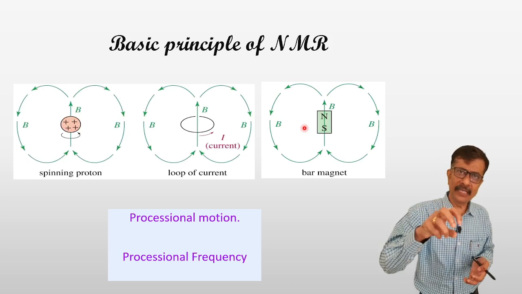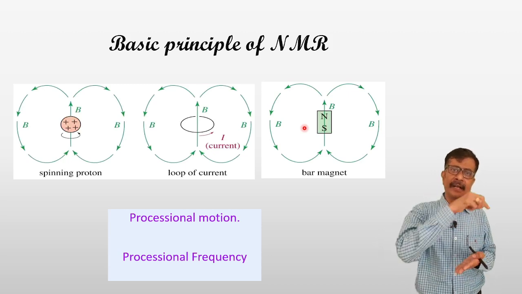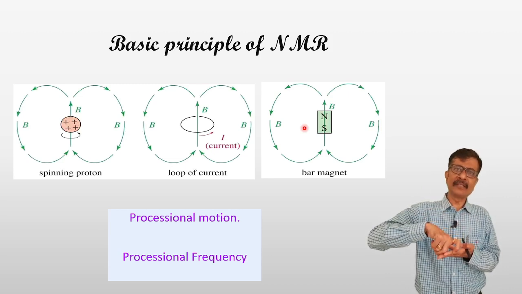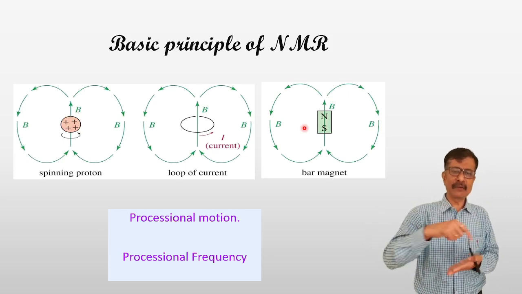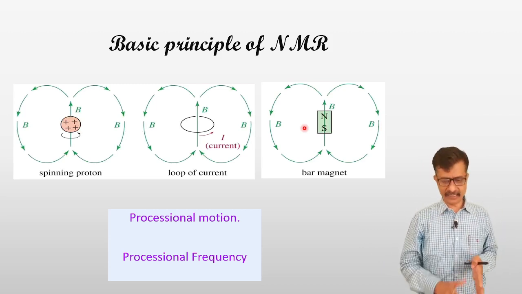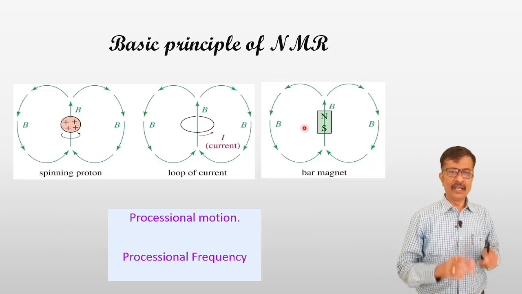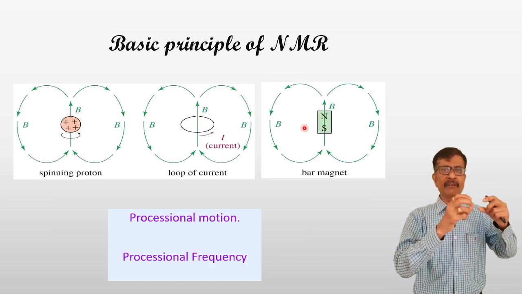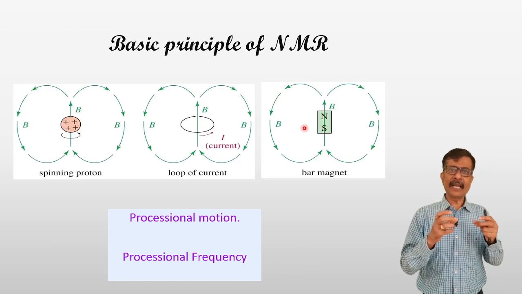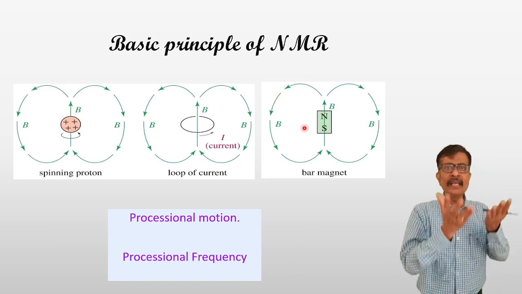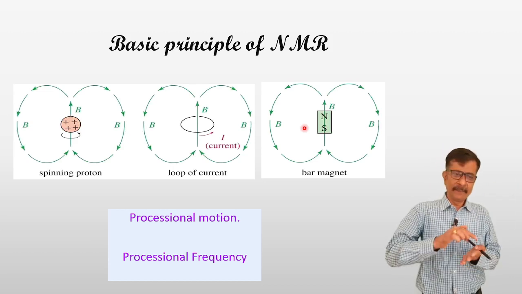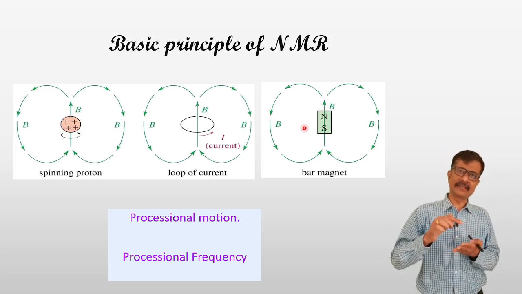A nucleus will absorb radio waves when its precessional frequency matches the frequency of the radio waves. During estimation, the frequency of radio waves is kept constant, and the strength of the applied magnetic field is slowly increased. So with increasing strength of the applied magnetic field, the precessional frequency will also increase.